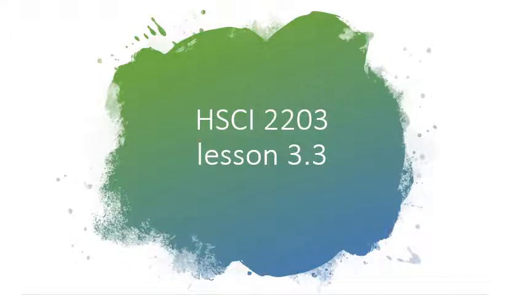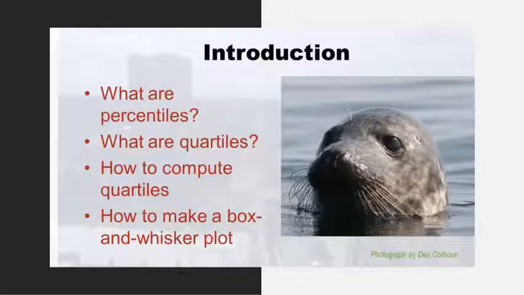All right. So in this one, we're going to learn about percentiles. We're going to learn about quartiles. We're going to figure out how to work with quartiles, and then we're also going to learn how to make a box and whisker plot.